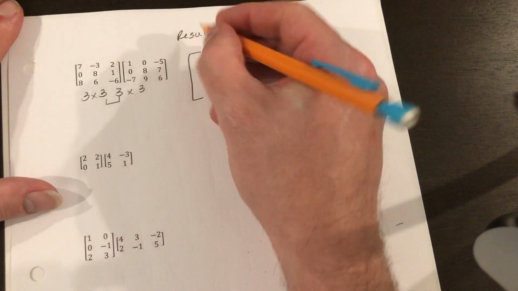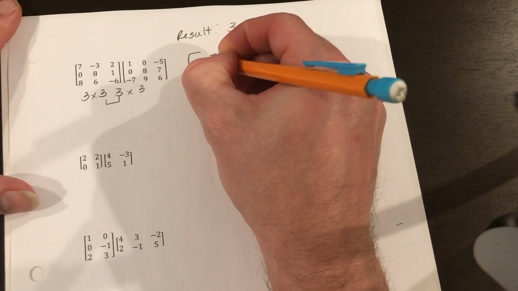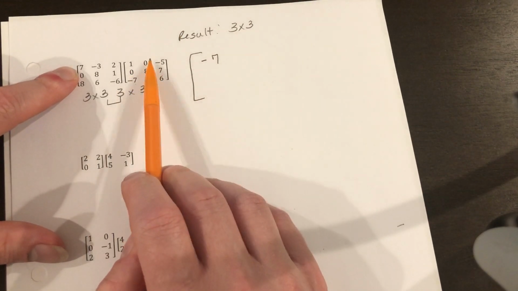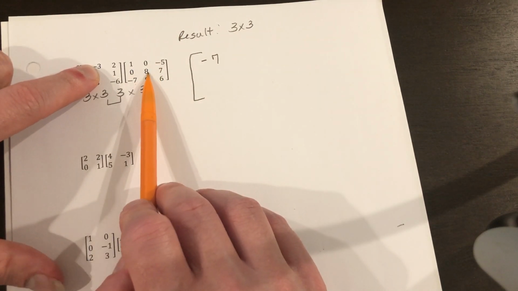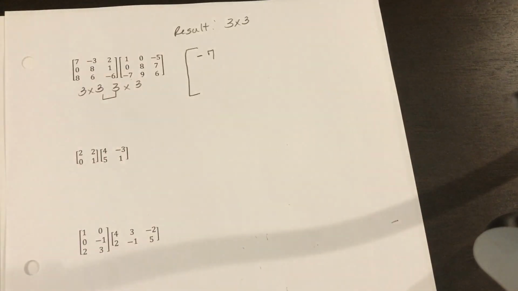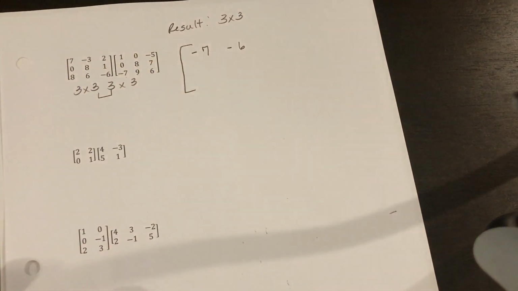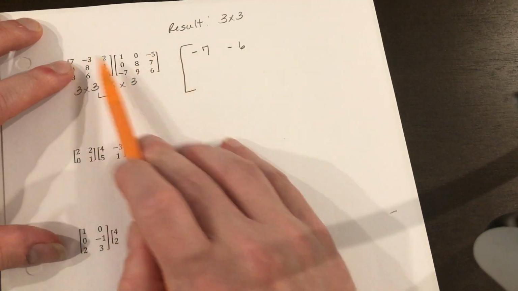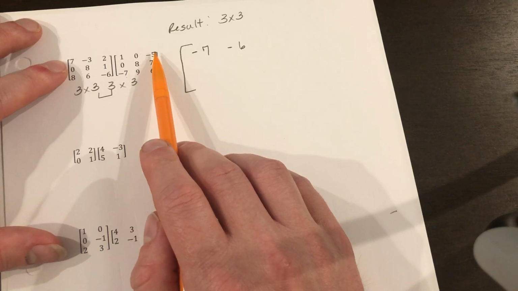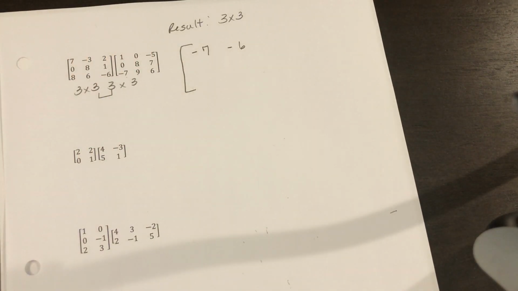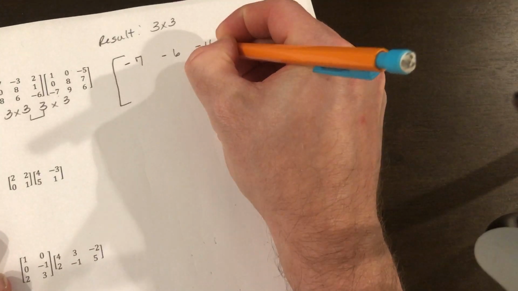So 7 minus 14 is a negative 7. 7 times 0 is 0. Negative 24 plus 18 is a negative 6. And then this row by this column. So negative 35 minus 21 plus 12 comes out to be a negative 44.